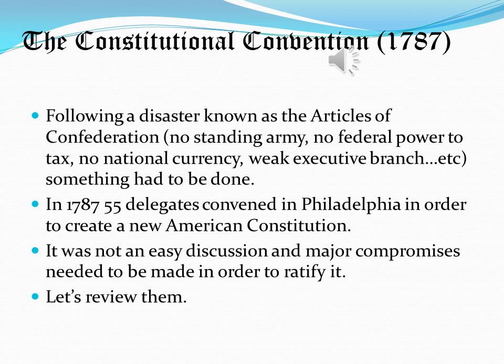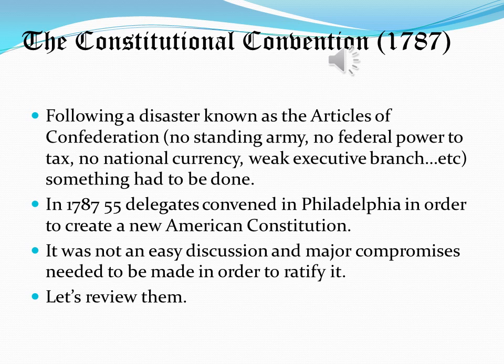Following a disaster known as the Articles of Confederation, and as a brief review, it had no standing army, no federal power to tax, so no national currency, and a weak executive branch. So, something had to be done because the country was weak. It couldn't deal with the issues that were affecting it at that time.